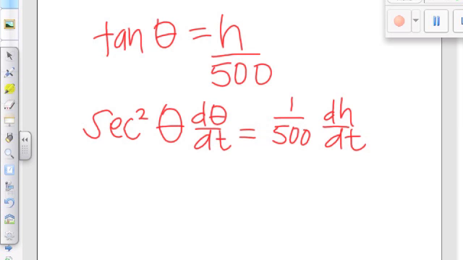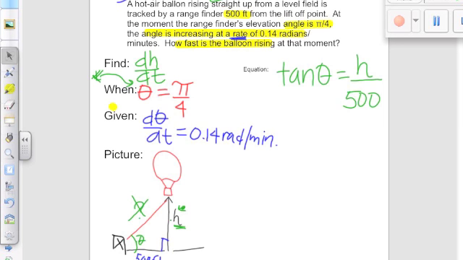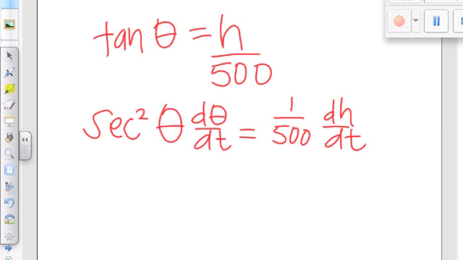So if I go back to my previous page, what are we actually trying to find? I'm trying to find dh dt. So I'm going to move everything around so I get dh dt by itself. So to get this by itself, I need to multiply everything by 500.